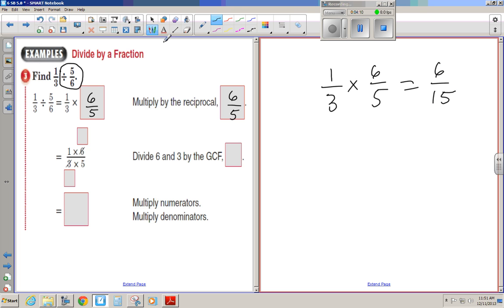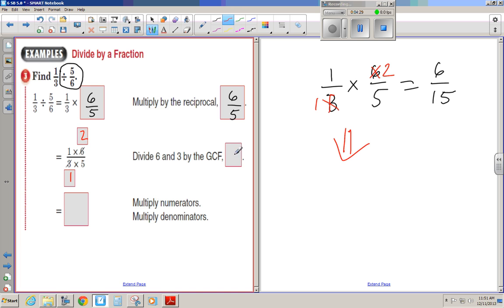Or, 6 and 3 can be reduced, meaning 3 goes into 3 one time, 3 goes into 6 two times. And so now I have my already reduced fraction of 2/5.